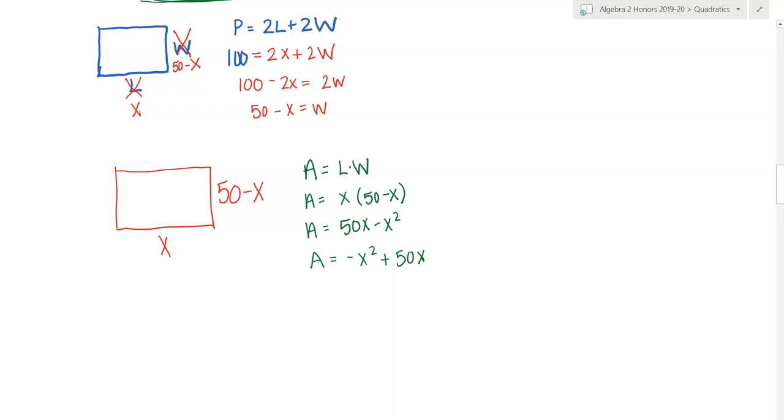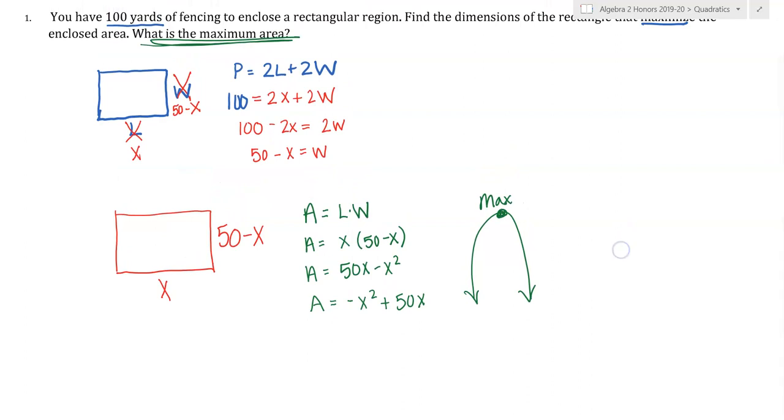So we have this quadratic with a negative leading coefficient. If we were to graph a quadratic with a negative leading coefficient, we would have a parabola that opens down that has a vertex as a maximum, which is really convenient because that's what we're trying to do, is maximize the area. So if we find the vertex, that's going to give us the value of x, and the area, that would be the maximum.